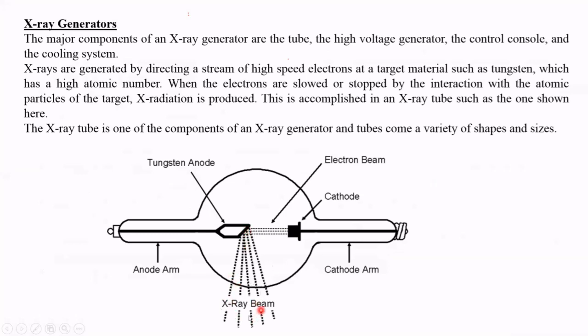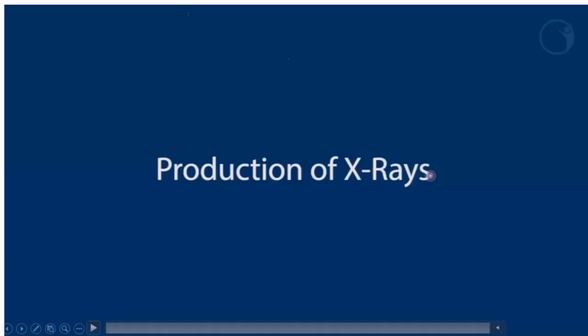We can control this generation of X-rays and the power, the energy levels of the X-rays, by controlling the voltage. One is the main heating: by controlling the heating of the coil, we can control the energy of the X-rays, and also by controlling the high potential difference between the cathode and anode, we can increase or decrease the intensity of the X-rays.